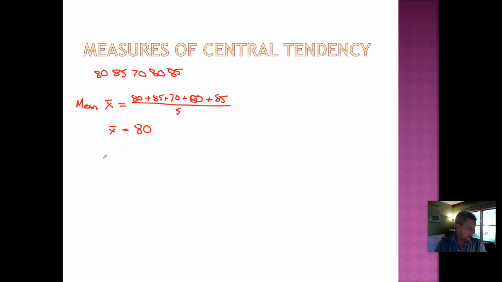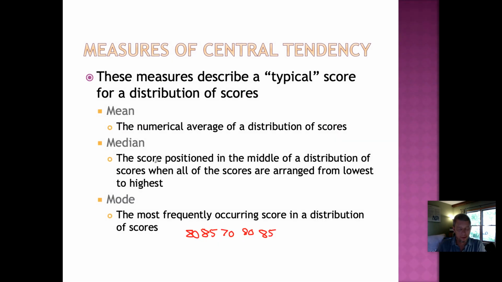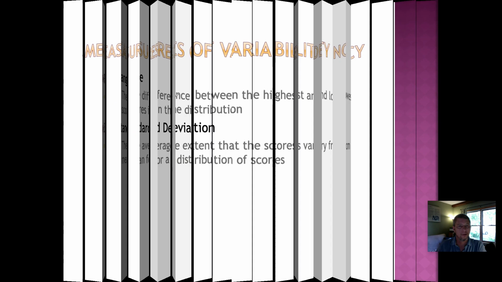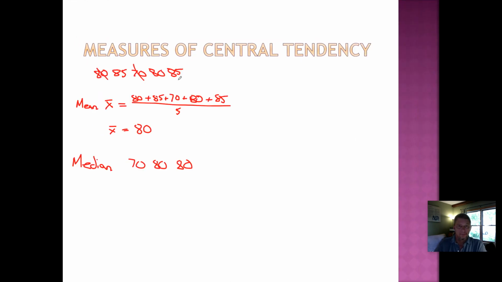Now, for the median, I have to take the 5 scores and write them again in order from lowest to highest. So 70, 80, 80 again, 85, and 85.